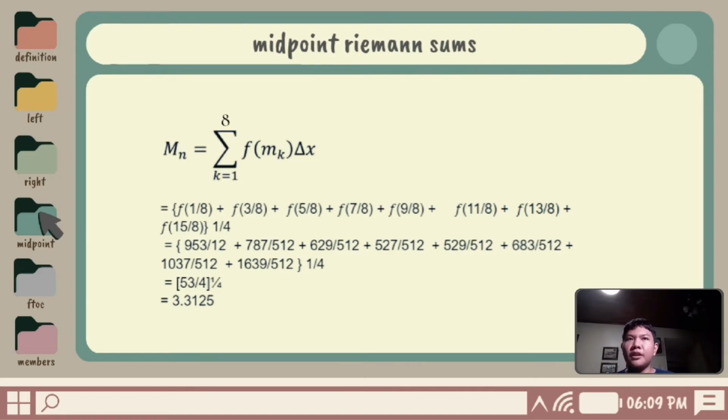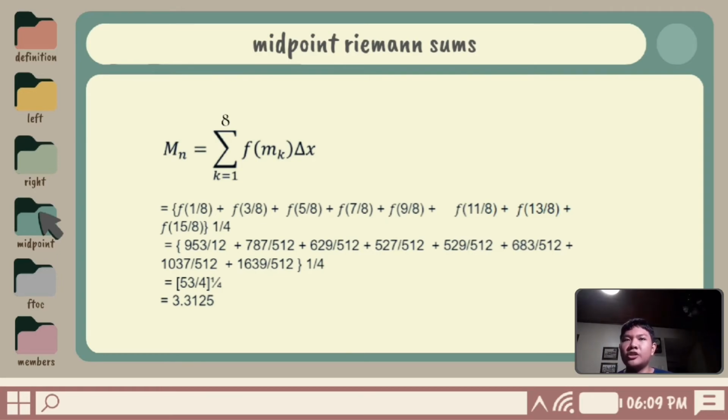So in the next step, it shall be converted to 953 over 512 plus 787 over 512 plus 629 over 512 plus 527 over 512 plus 529 over 512 plus 683 over 512 plus 1037 over 512 plus 1639 over 512, all multiplied by 1/4.